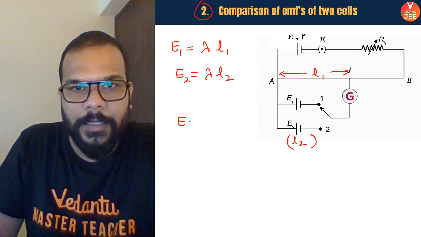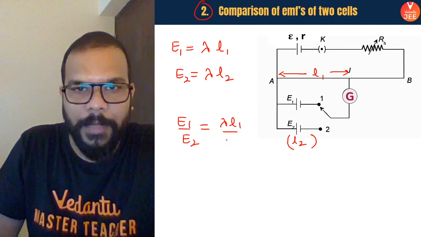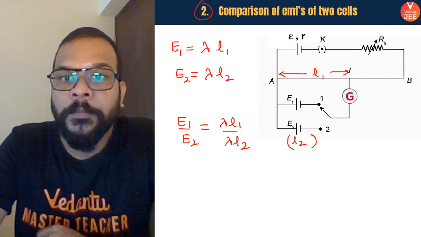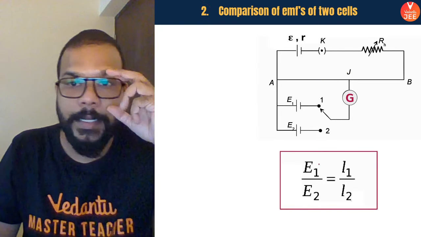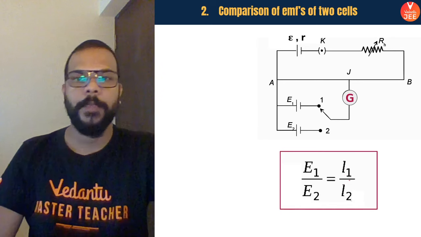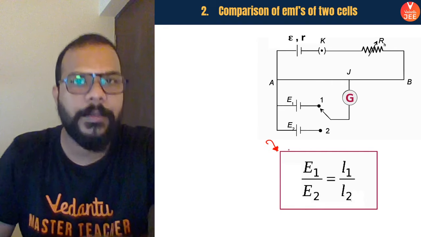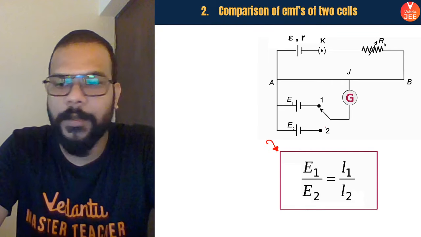So can I say that just by taking the ratio, E1 by E2 is going to be lambda L1 upon lambda L2, and because lambda is same for the wire AB, the final result can be simply said: E1 by E2 is equal to L1 by L2. Okay people, so please keep this result in mind if you can, because it is not a very challenging result to keep in mind, and it'll help us solve a few questions if they come across.